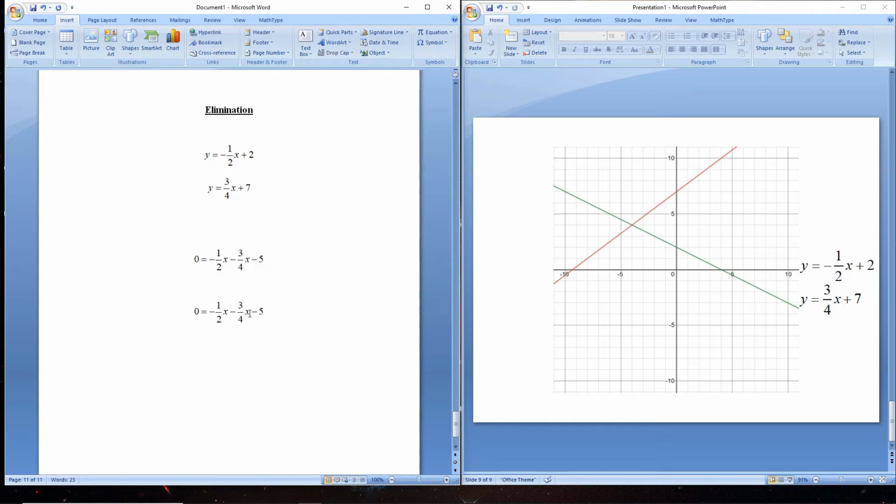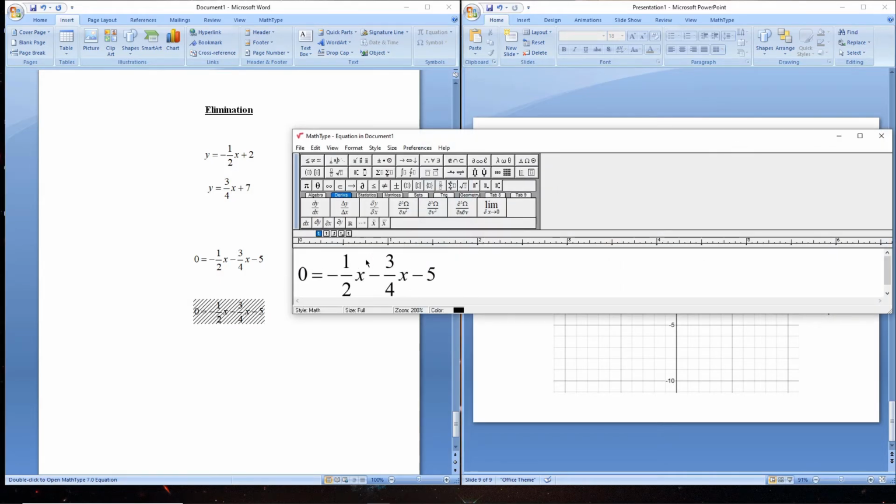And now we do have to deal with the fractions. And there's two ways you could do that. You could either get a common denominator or multiply everything by the common denominator, which I prefer to do. I think it's a little bit easier to get rid of the fractions. So the common denominator here is 4. So we'll multiply everything by 4.